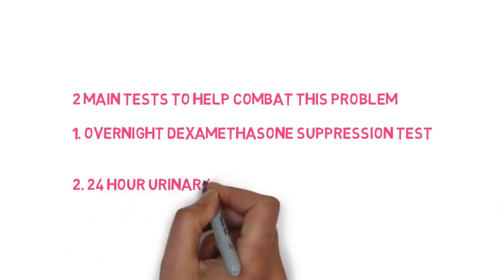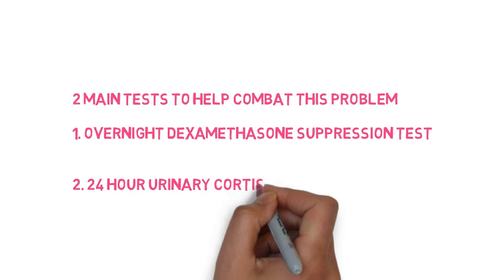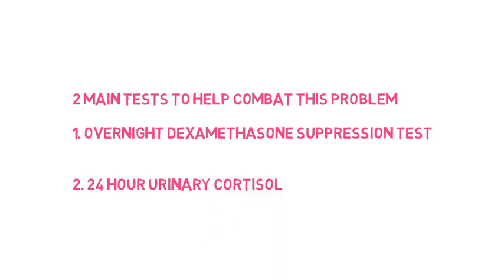But in someone who has Cushing syndrome, the cortisol levels will still be high even after overnight dexamethasone. And what you do is you give this dexamethasone at 11, and cortisol levels are measured, and then at 8 you measure the cortisol levels, and you'll see that they're high even at 8 in someone who has Cushing syndrome.